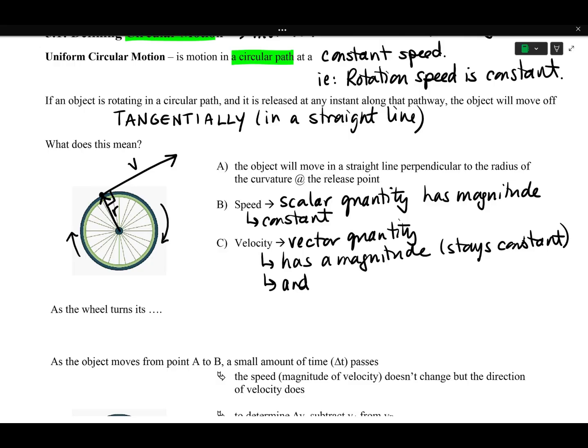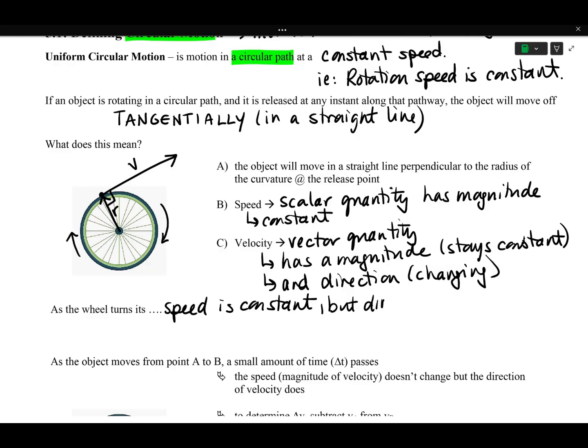So this velocity has magnitude and direction, and it's the direction that's changing that gives us the acceleration. So as the wheel turns, the speed is constant, so the magnitude is constant, but the direction changes. Therefore, because that direction is changing, we can say the wheel is accelerating.